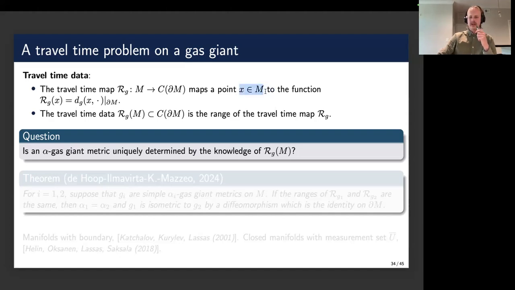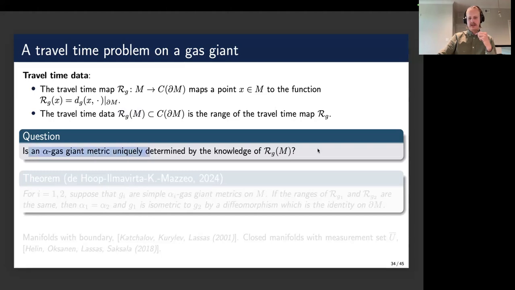So it takes a point in the manifold and it produces the function d_g(x, ·) restricted to the boundary. So basically, your data consists of a collection of distance functions from interior points to all boundary points. So the travel time data is the image, or the range, of this travel time mapping R_g. And that is what we want to use as our data.